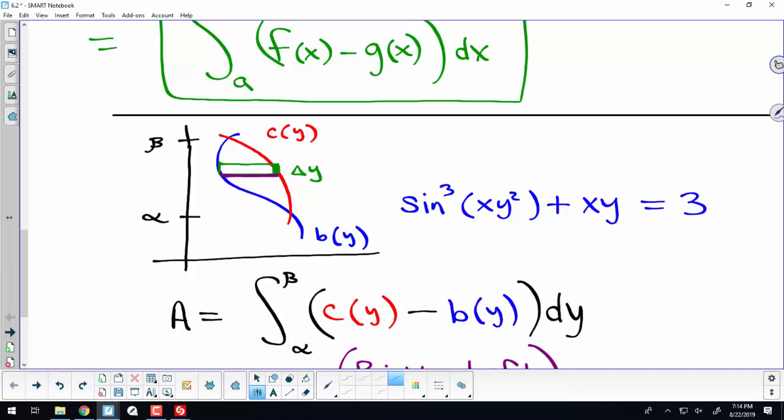It's not possible to solve for x. So if I can't solve for x, I wouldn't want to put that into the problem. I want to leave everything in terms of y. But it's to avoid the issues where we couldn't solve for one of the variables. Maybe you can't solve for x, or maybe you can't solve for y.